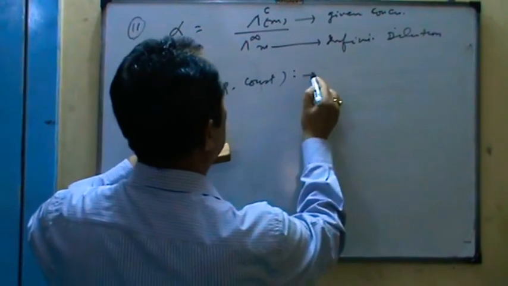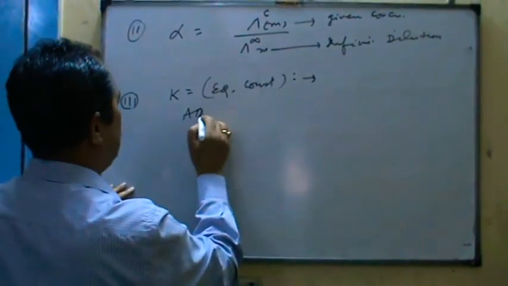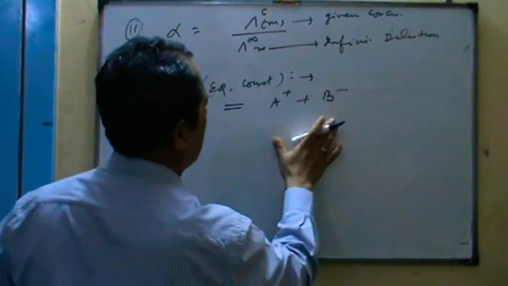Let AB be the electrolyte, A positive and B negative.